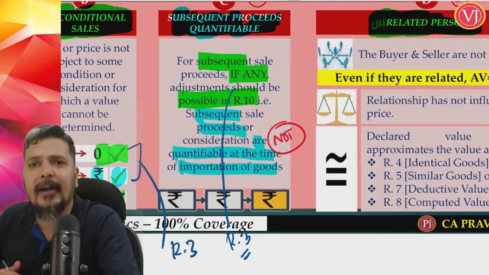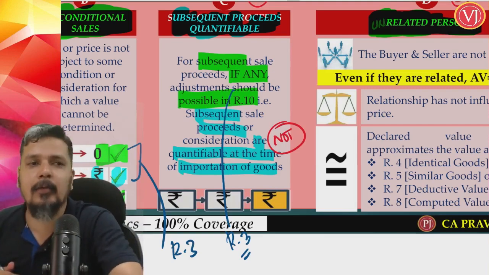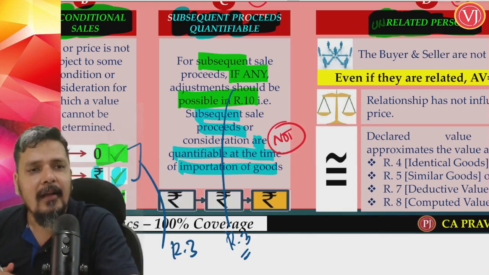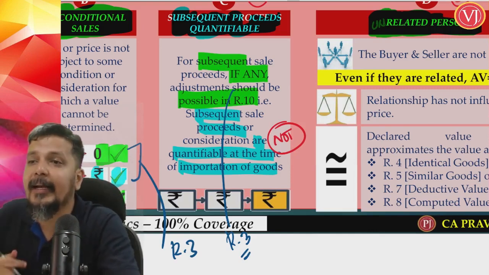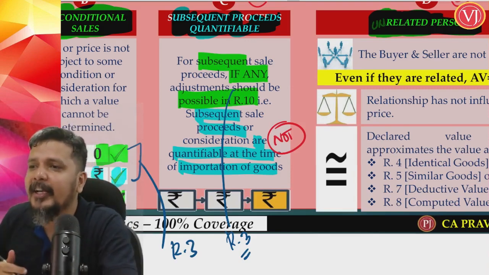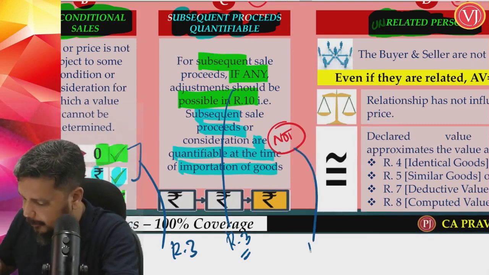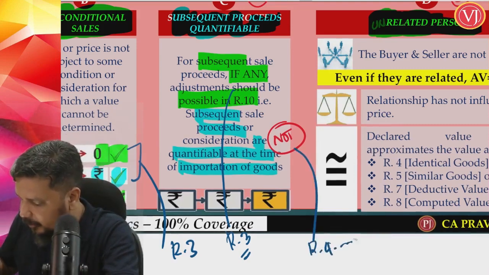I am not in a position to find out today. I know at the time of import that the worth of the goods is not 1 lakh. Why? Now I am paying 1 lakh. Later on I have to pay something to the exporter of USA, which I am not in a position to quantify today. What to do? You are not in a position to quantify. Don't worry. Go to rule 4, 5, 6, 7, 8, 9.